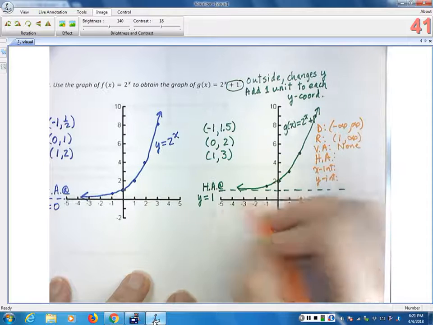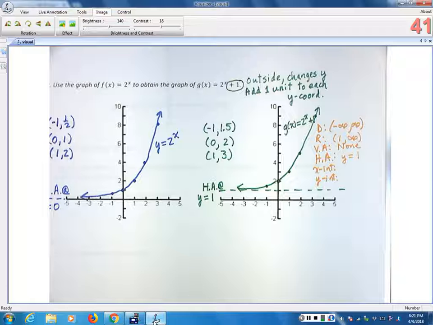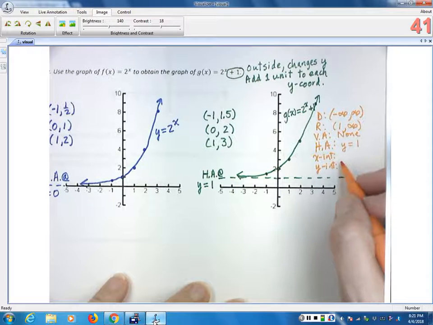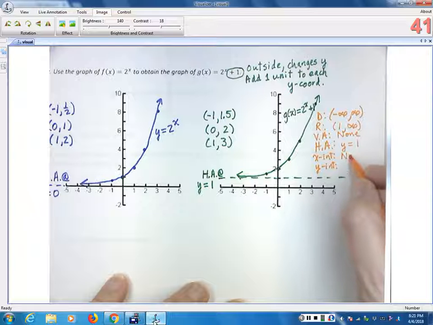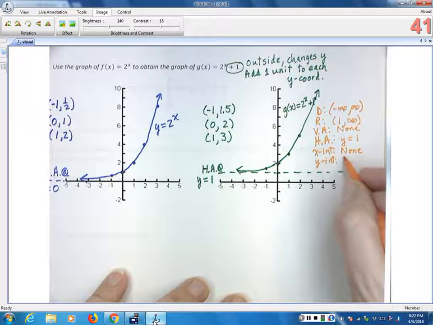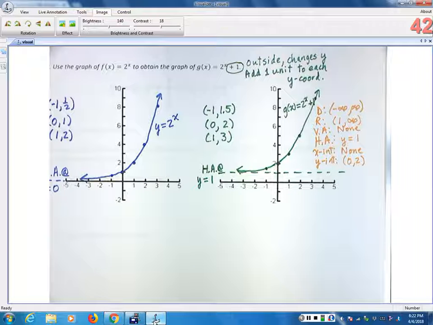Horizontal asymptote, y equals 1. Don't just write 1 down, because that could be x equals or y equals. You don't get all your points for that. X-intercepts, there's none. And y-intercept is at 0, 2. Of course, I want ordered pairs, so that's what all those directions said.